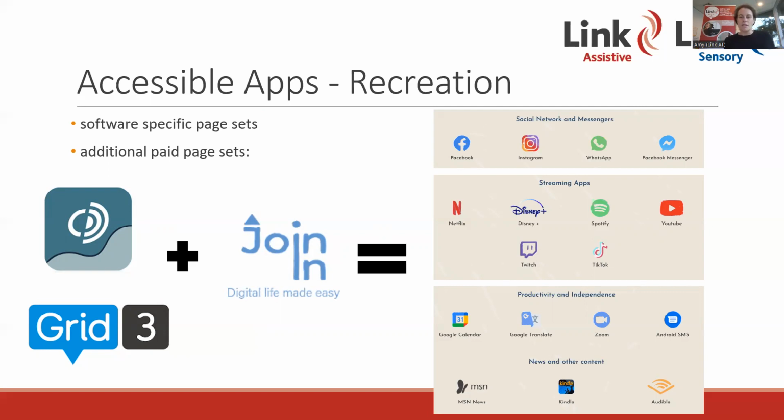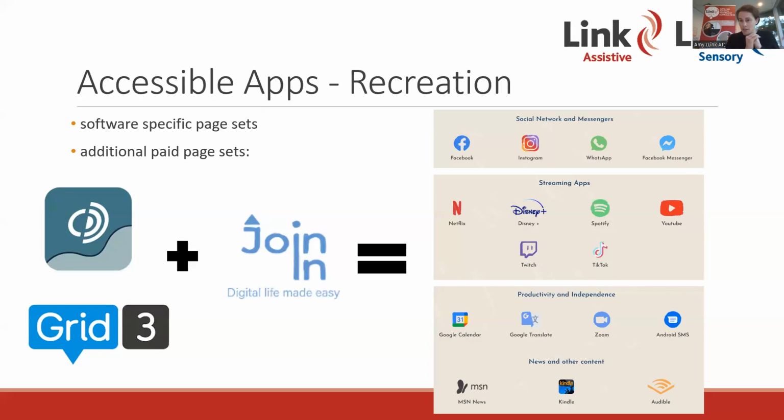So I don't know if you've used inbuilt Facebook page sets before or inbuilt Spotify page sets, and then the links break and suddenly the play button doesn't work, or my link out to YouTube doesn't work anymore, and we have to wait for Smartbox for Grid 3 or Tobii Dynavox to update those page sets for us. I find that users get really frustrated by this because it's that one time that they want to be able to use it, one of the links breaks, and we're waiting on the companies to resync it.